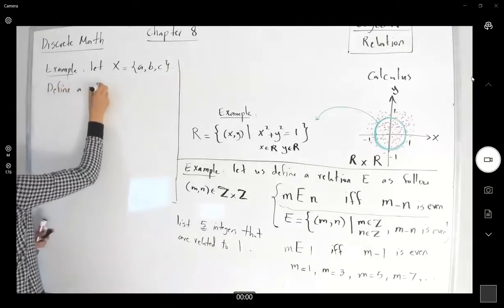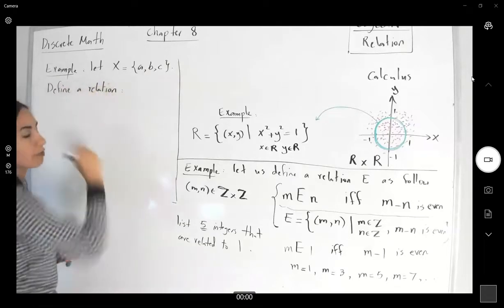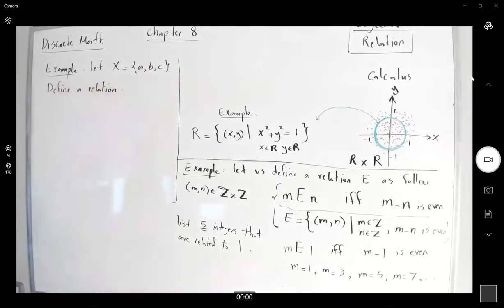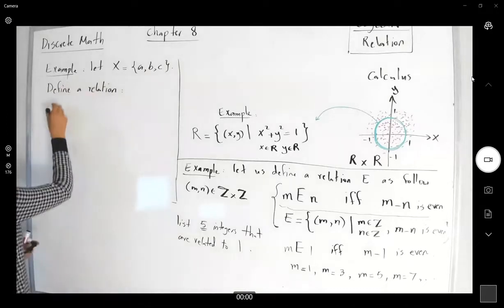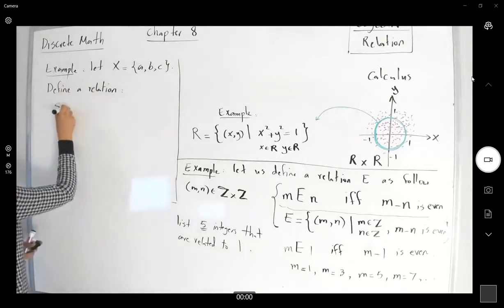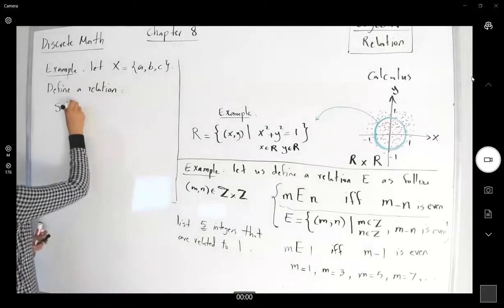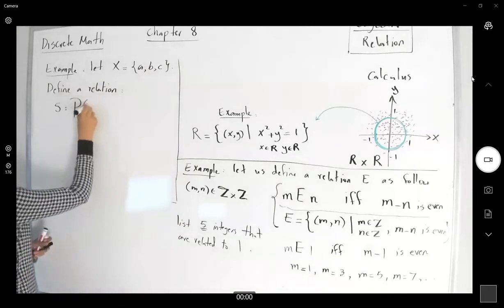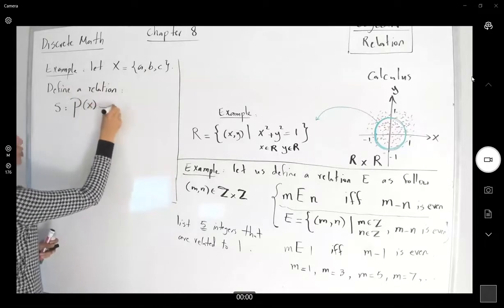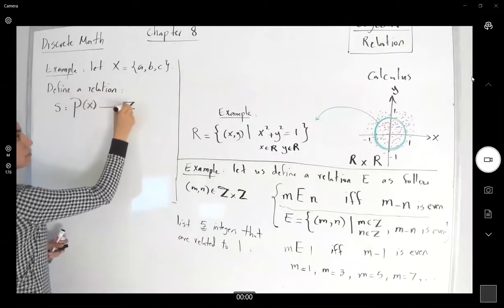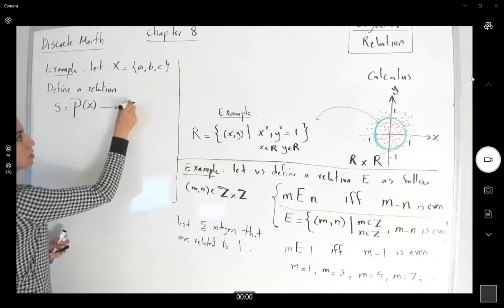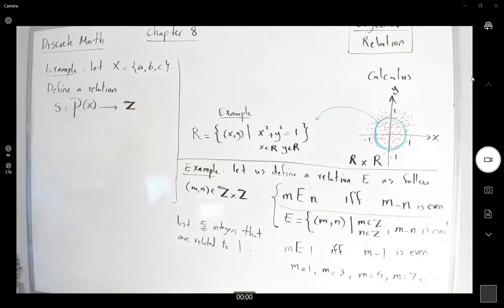Define a relation as follows. This relation is S, from the power set of X to Z. So it's the relation that we're trying to define. This relation is defined as follows.